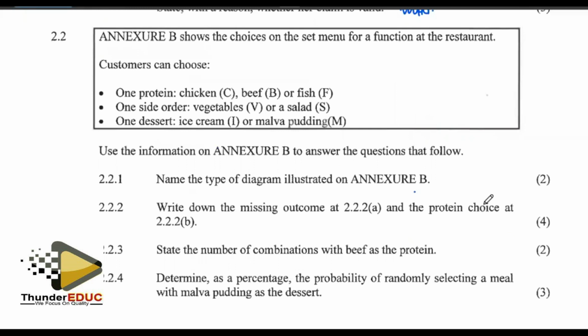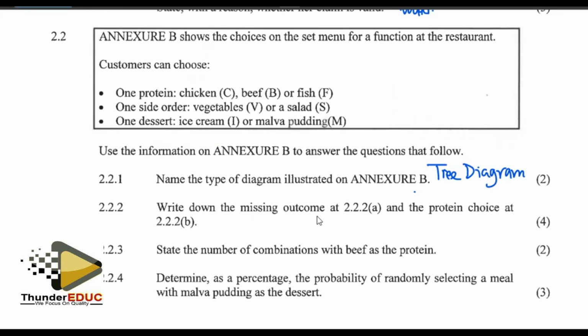You see what other question they are saying? We've already completed this. They're saying name the type of diagram illustrated in annexure B. I've already told you it's called the tree. The tree is called the tree diagram. Write down the missing outcomes.